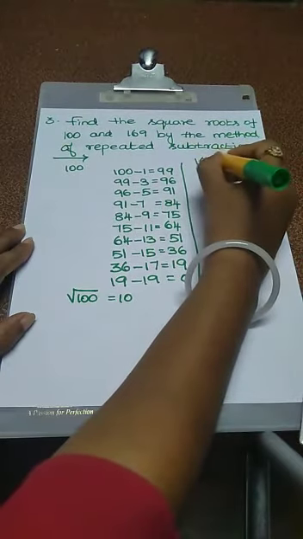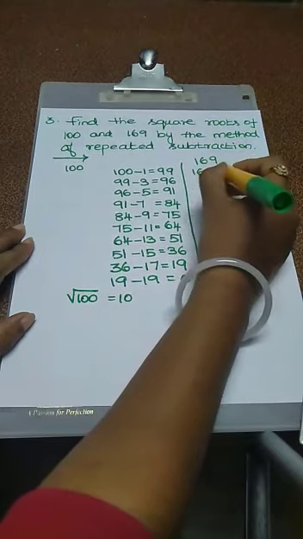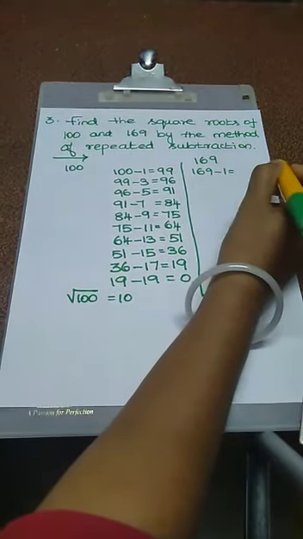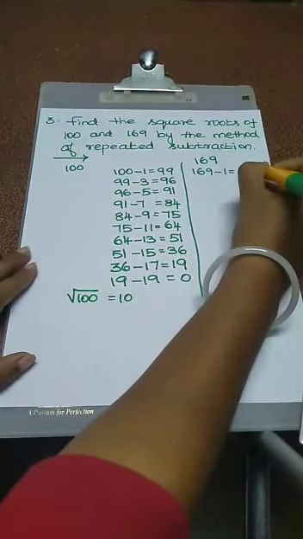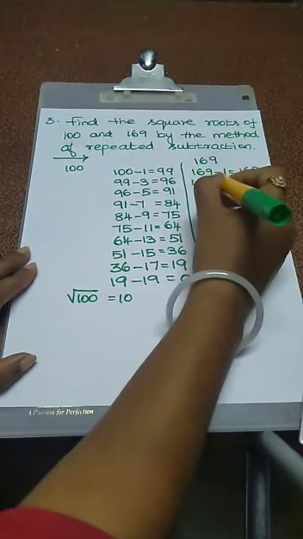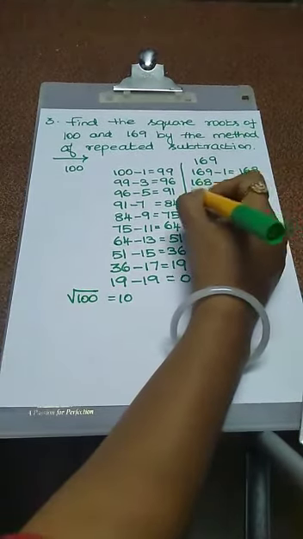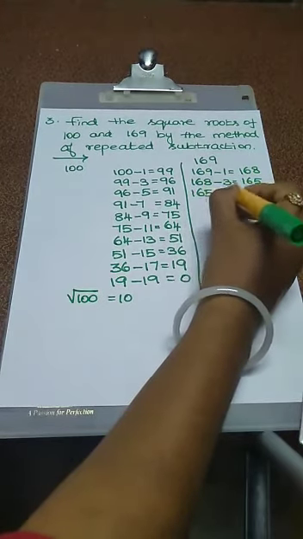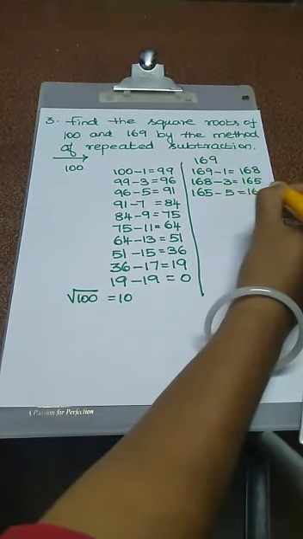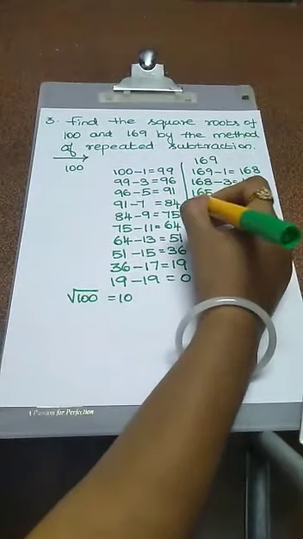Select the value 169. 169 minus 1. What is the value? That is 168. 168 minus 3. What is the value? 165. Next 165 minus 5. What is the value? 160. Next choose the number 160.